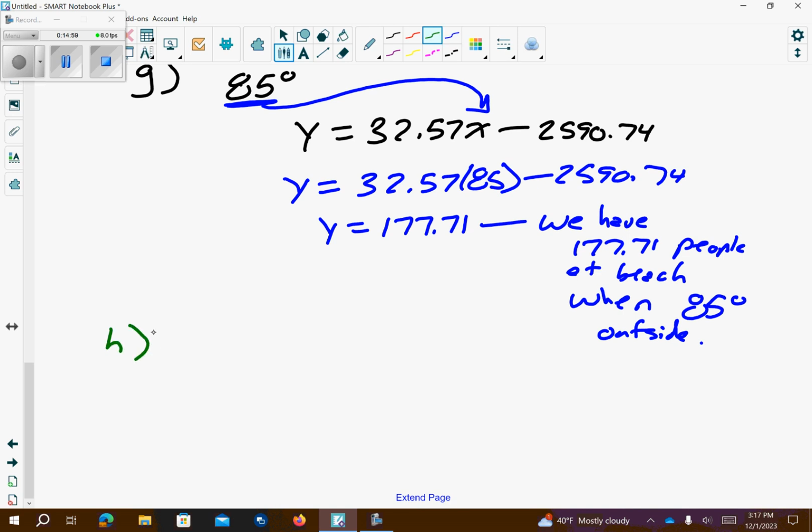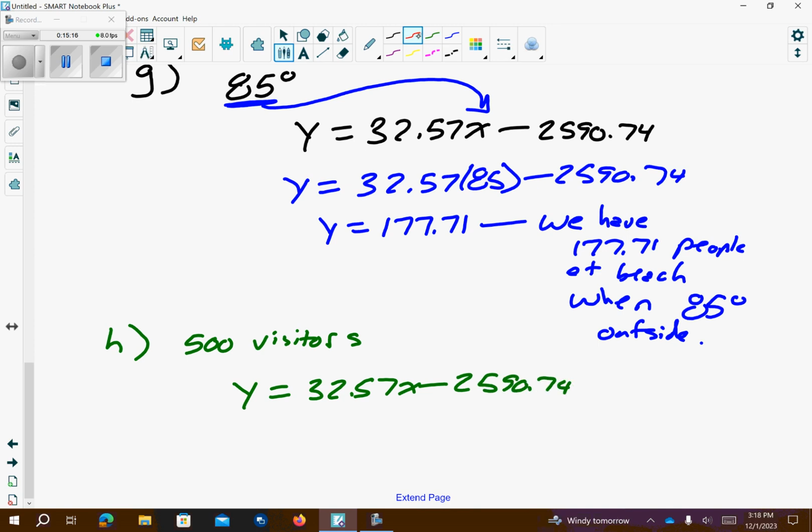Letter H says predict if we have 500 visitors. We want to predict the temperature. Okay, again, I'm going to use my equation, which is here, 32.57x minus 2590.74. And what I want to do is, the visitors, remember, was y, so I'm going to plug 500 in here.